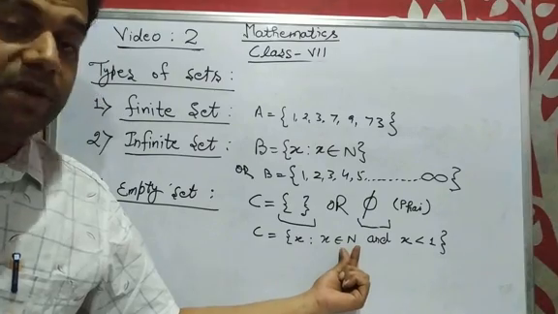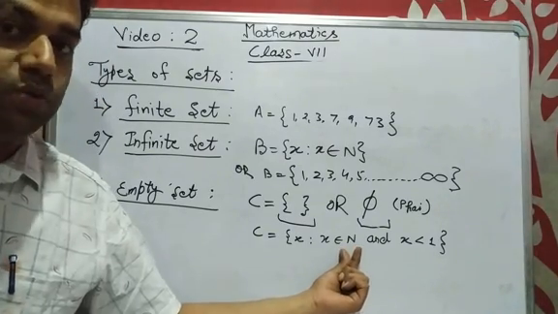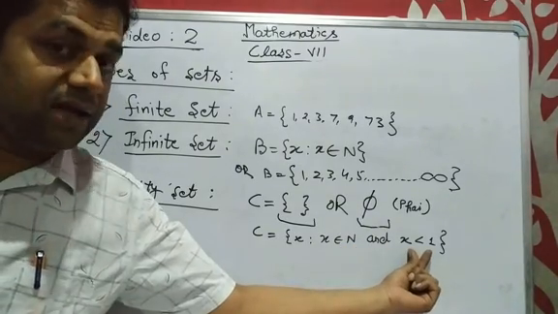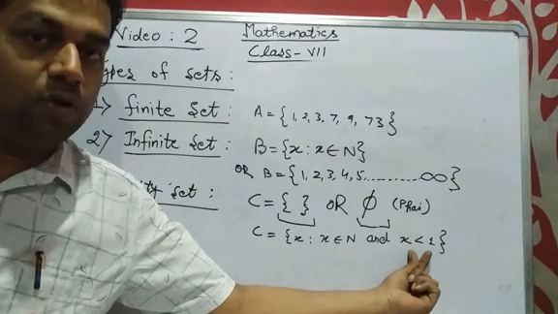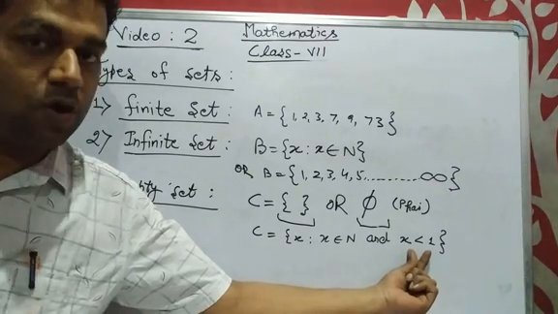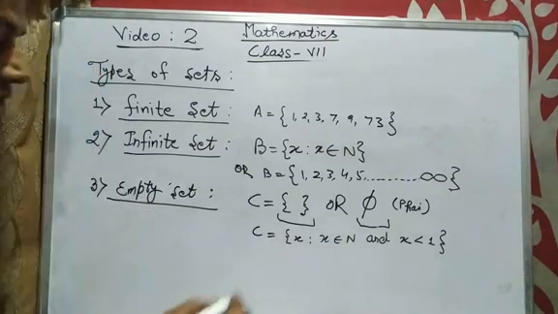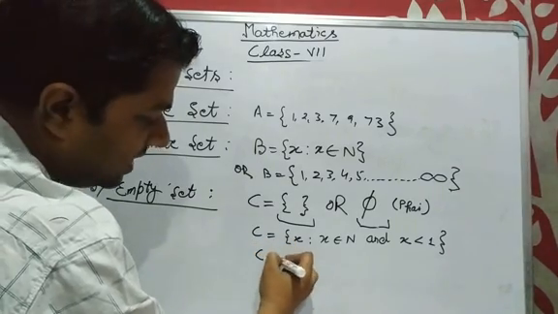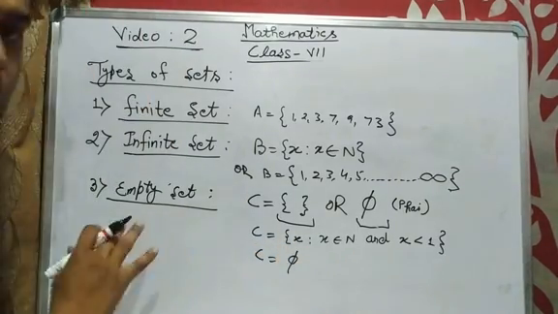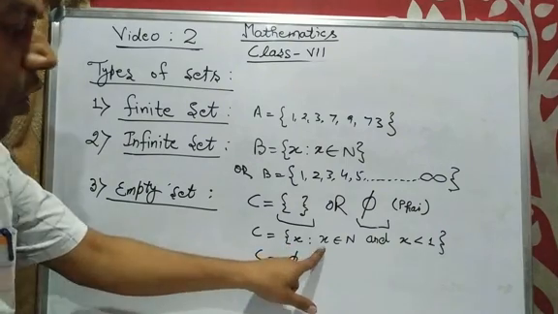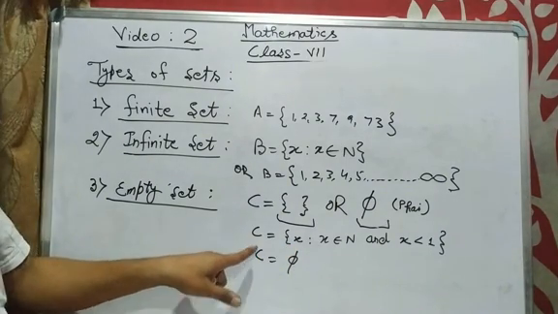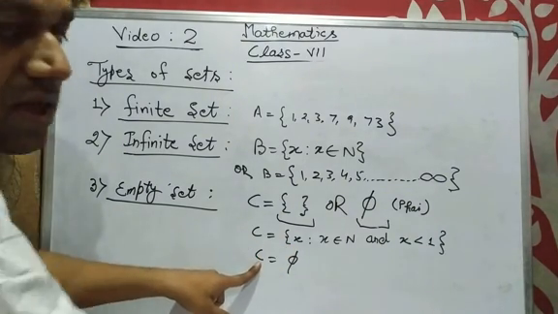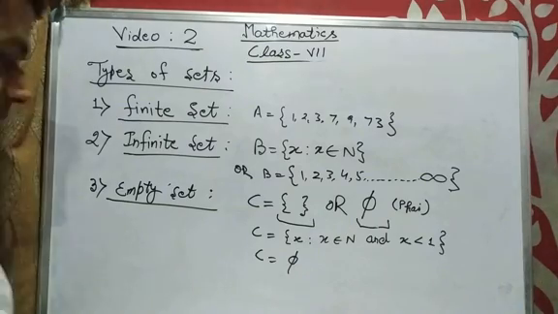But the natural number starts with 1: 1, 2, 3, but they are saying X is less than 1. Less than 1 means 0, minus 1, minus 2, but these are not natural numbers. So here we will say no element belongs to set C. Therefore set C is an empty set.